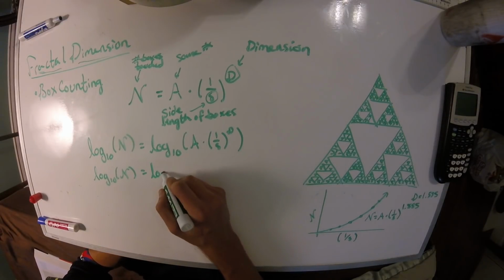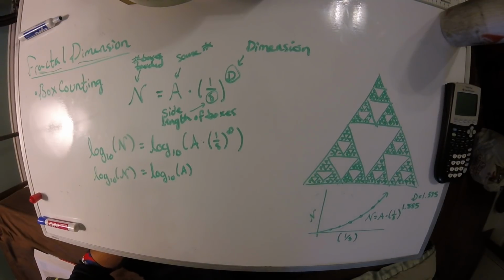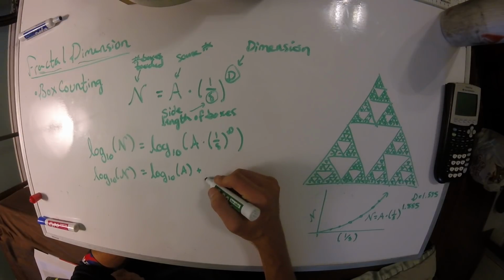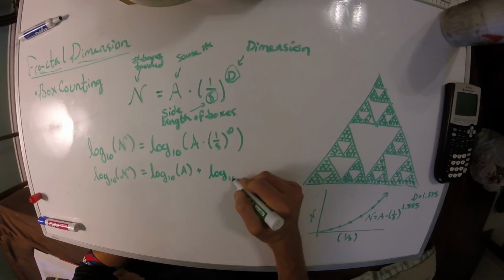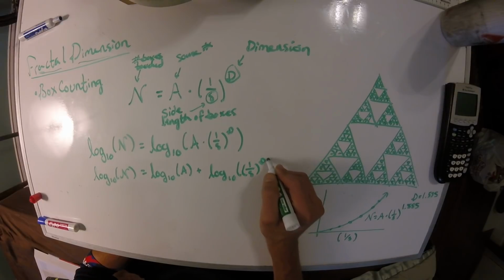So this is equal to log 10 of a plus log 10 of 1 over s to the d.